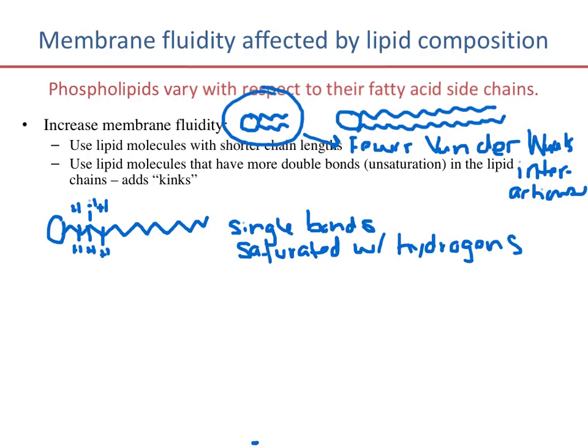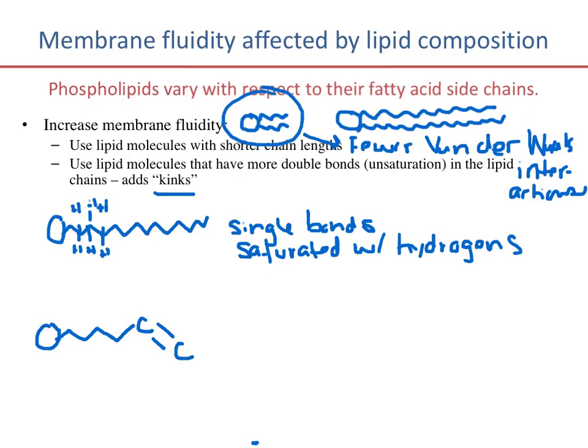Now, let's say that we have a double bond, and the double bond adds kinks. Let's draw that. Let's draw the example here. We come to a carbon, and then you have a double bond right there.